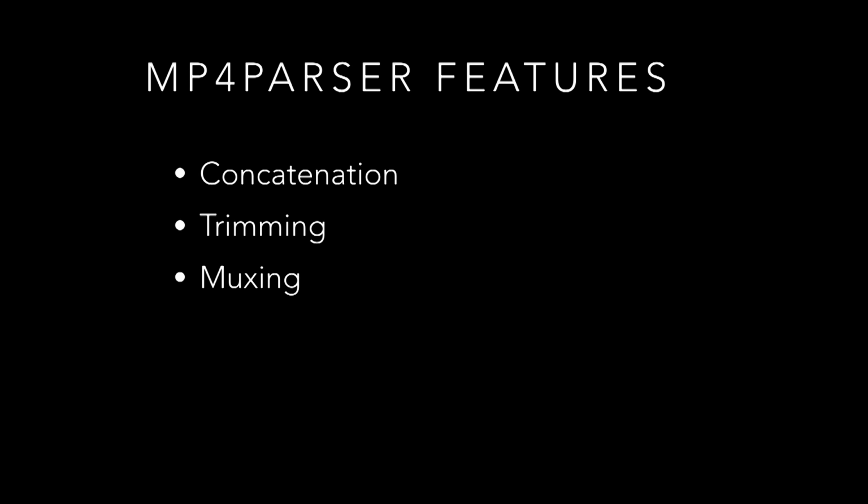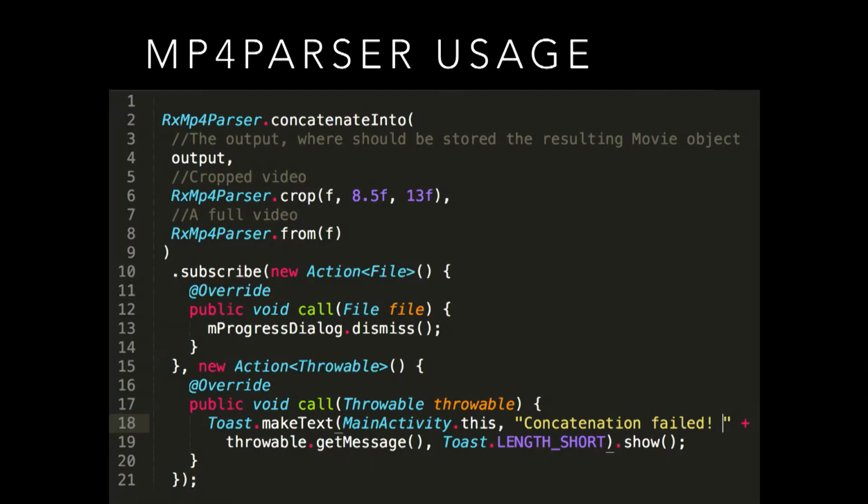So this is an example of how you can use MP4 parser in your code, and this is just using the reactive version of MP4 parser. You'll see here that I am actually passing in the output file path, and then I'm concatenating a cropped version of the video with its full version.